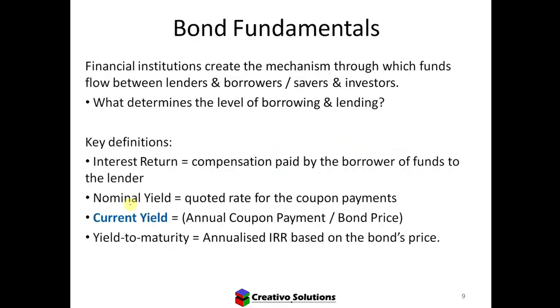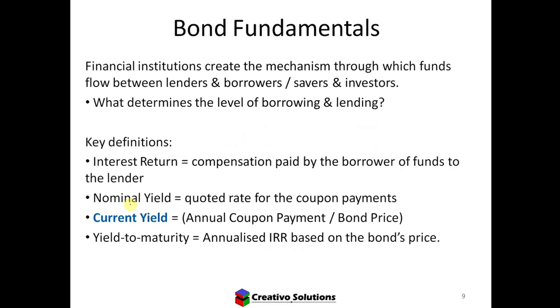Right, so when we're looking at these bond fundamentals, just remember that there are various financial institutions that will be creating these financial instruments. You have these borrowers and lenders, or savers and investors, that are basically creating these financial products, which we can then choose to buy and sell as the investor. So if we're looking at what determines the level of borrowing and lending in the markets, well, there are many factors to consider. We just need to look at some of them.